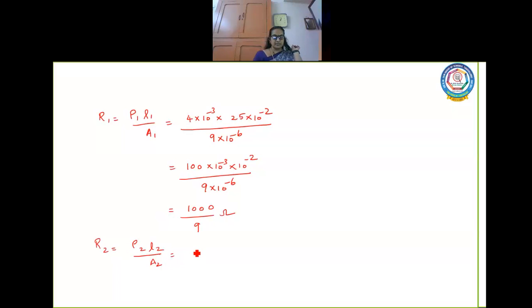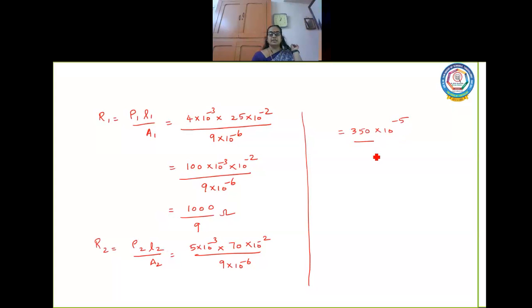Similarly, the R2 formula is rho 2 L2 by A2. What is the value of rho 2? It is 5 into 10 power minus 3 into 70 or 75? 70, okay. 70 into 10 power minus 2 divided by 9 into 10 power minus 6. When I simplify this, 7 5s are 35, so 350 into 10 power minus 5 divided by 9 into 10 power minus 6.